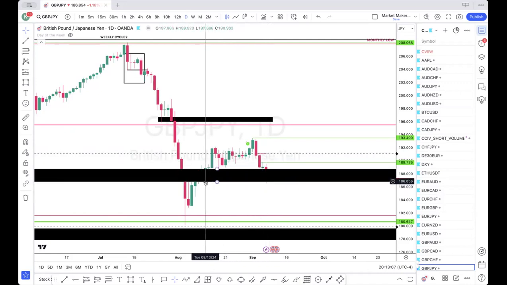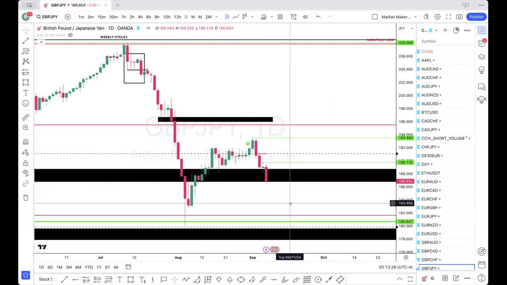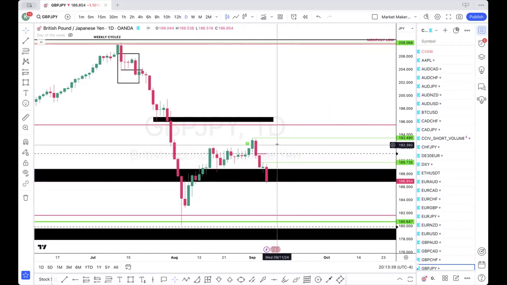Again, that has tapped into a bullish order block. So again, we're probably going to get a little pullback here for either a continuation of a drop, or we will get some kind of momentum candle push up for a pullback to continue buying up.